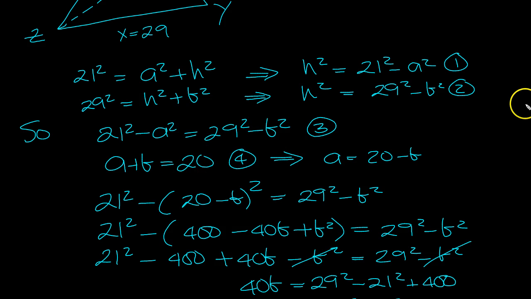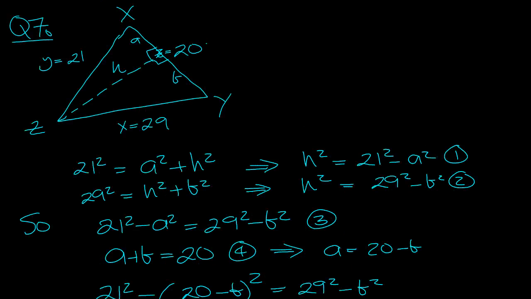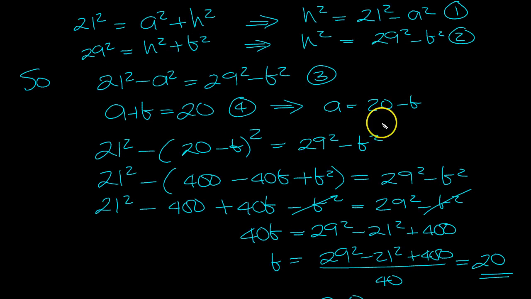A plus B is 20, that's fine. So A equals 20 minus B, so 21 squared minus the A squared, that's alright. This is 400 minus 40B plus B squared. Okay, this is good. 21 squared minus 400 plus 40B minus B squared, this is fine.